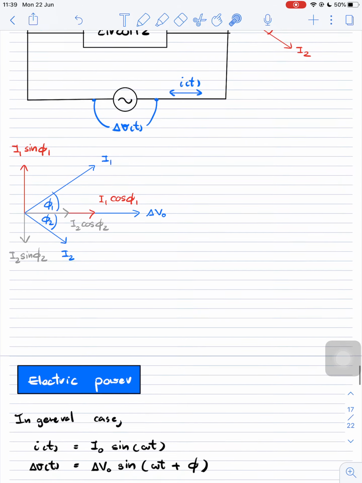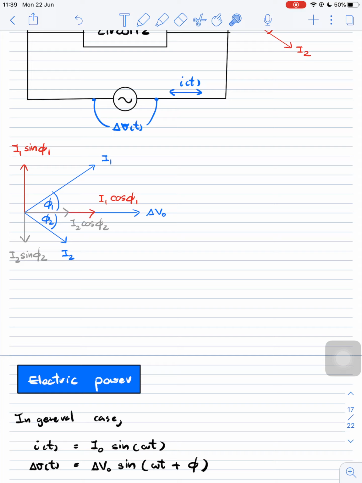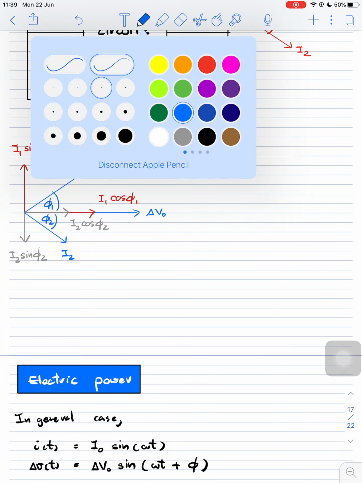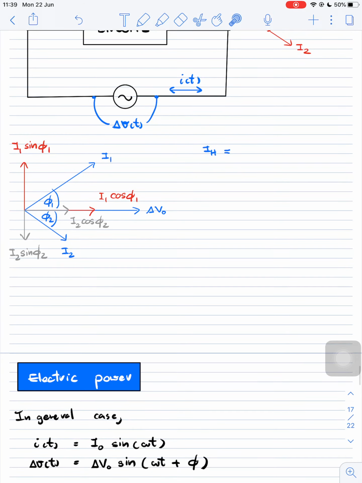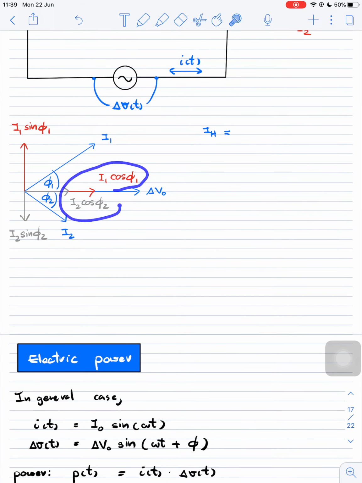So now let's combine the horizontal components together and the vertical components together. For the horizontal component, let's say IH is equal to I1 cosine phi1 plus I2 cosine phi2.